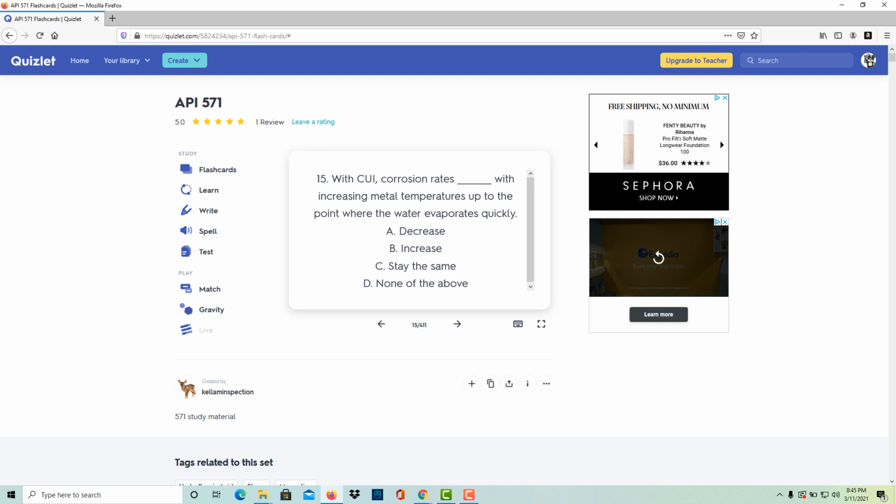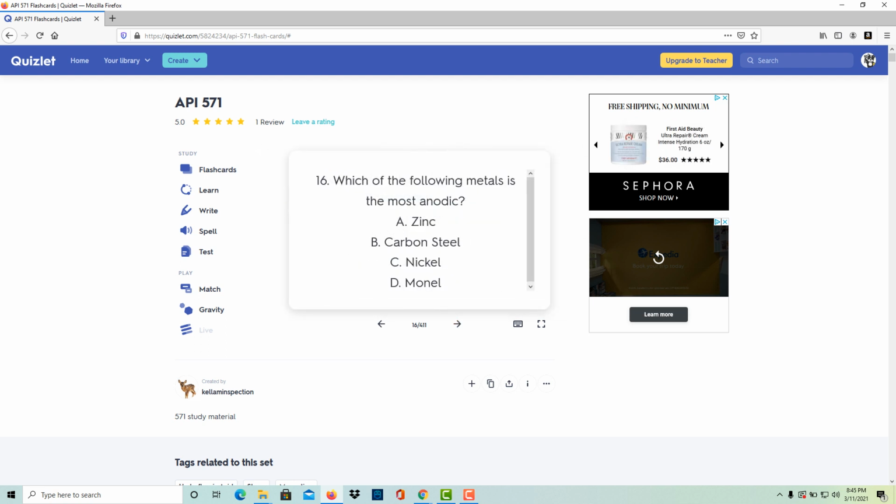With CUI, corrosion rates increase with increasing metal temperatures up to the point where the water evaporates quickly. Which of the following metals is the most anodic? Zinc. Most things are zinc plated, so you lose your zinc instead of your metal.